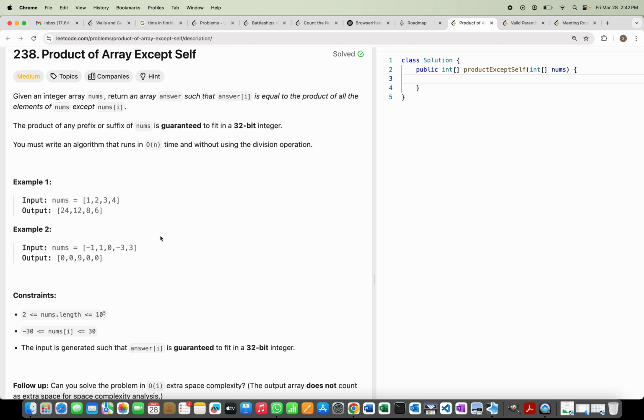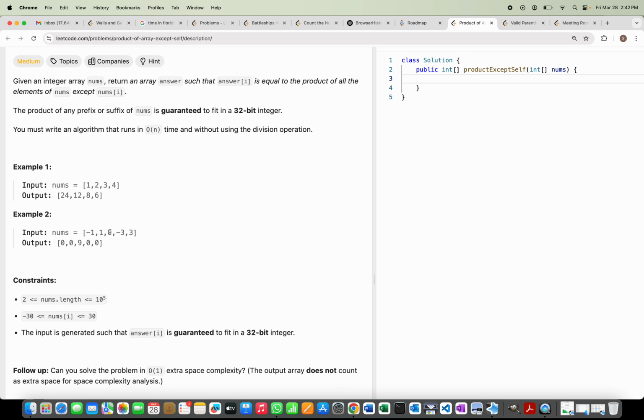So you might think we could be clever and just multiply all the elements, and then at each index just divide. But if you notice, there are going to be zeros, and if there are zeros, that's going to be a problem. Multiplying with 0 is going to result in a 0. Let's say this was a 0.